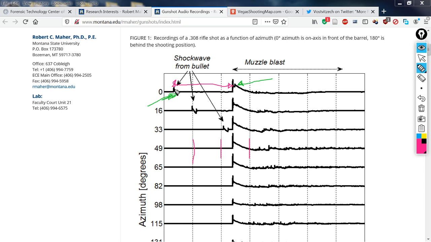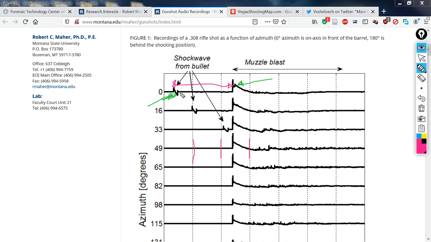And this time is predicated upon, as I've explained many, many times, the downrange distance, how far you're away from the shooter, and the cross range, which actually is a function of this azimuth. For him, he's recording only a few tens of feet away, and at the speed of the bullet, which is 2 or 3 times the speed of sound, the lag isn't going to be very large.